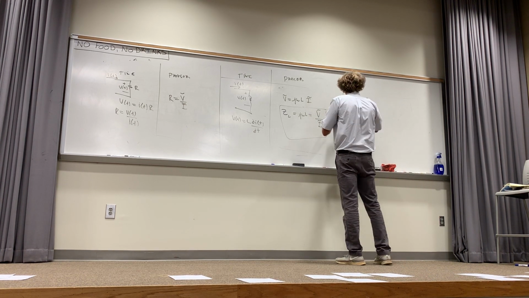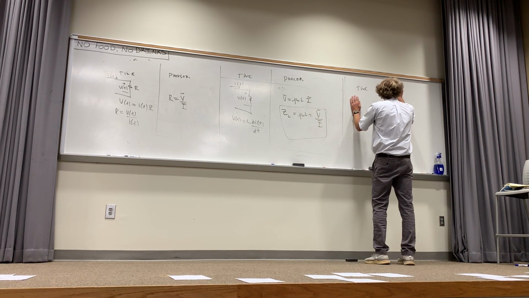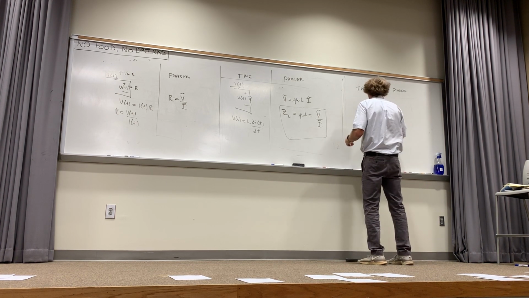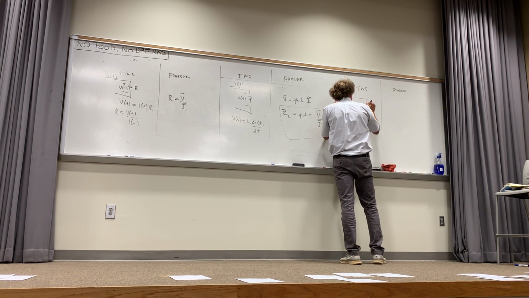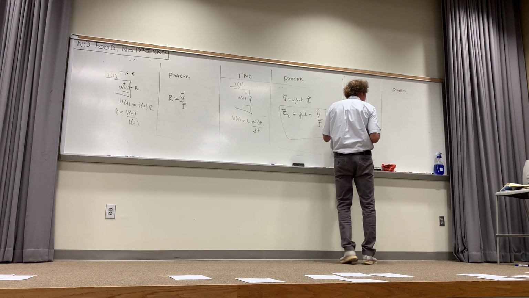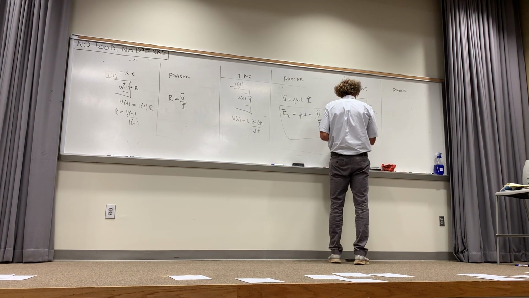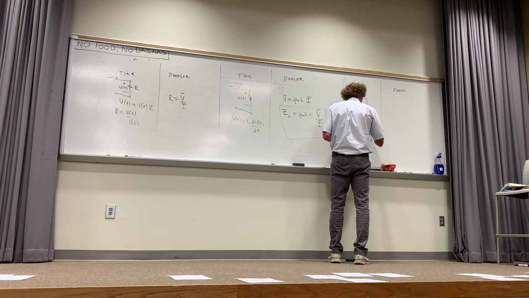Finally, we'll talk about time and phasor. When we have a capacitor, we had a current I of t here give rise to a voltage V of t here, right? But we found out that I of t was equal to C times dV dt.